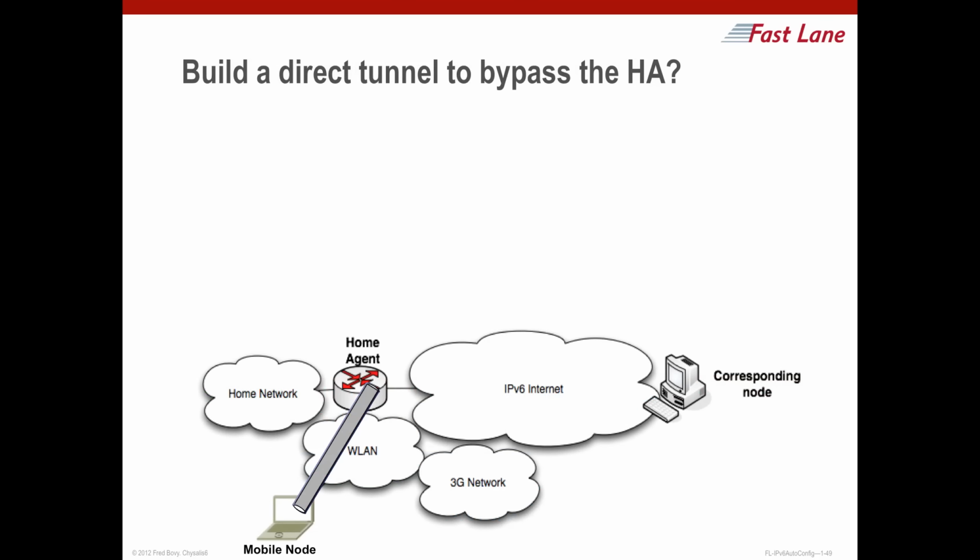Actually at this level, again, the corresponding node has absolutely no knowledge that the mobile node is no longer on the home network and doesn't need any piece of software to do this. But in mobile IPv6, there is something which was not possible in mobile IPv4. We can set a direct tunnel without having to pass through the home agents.